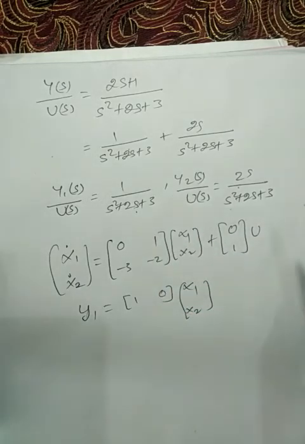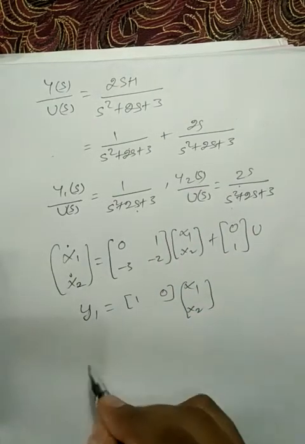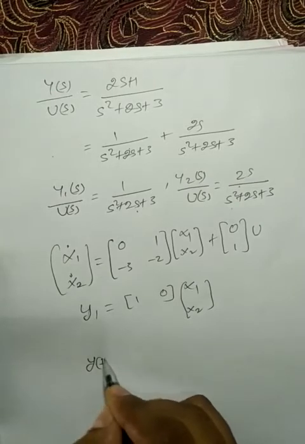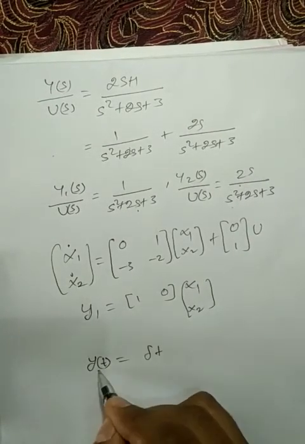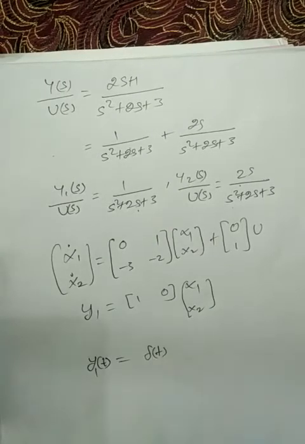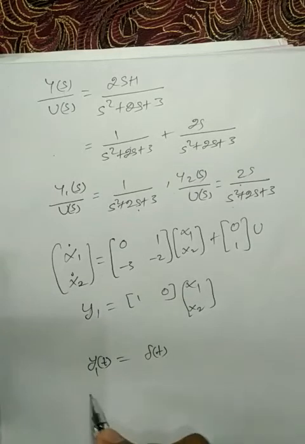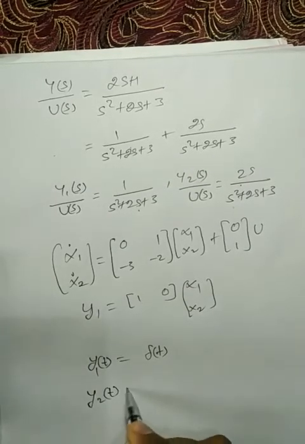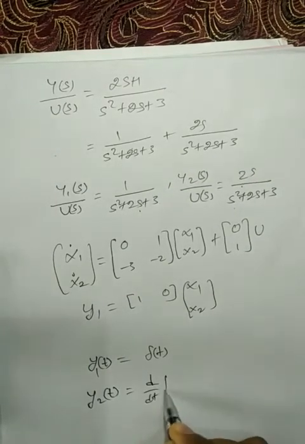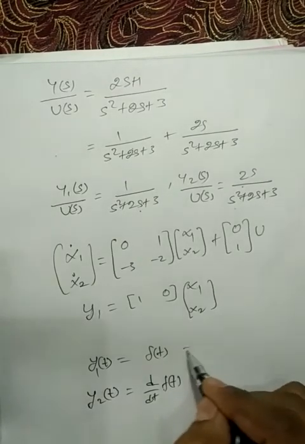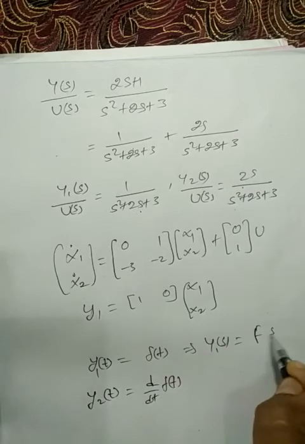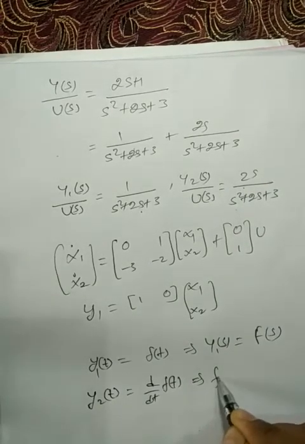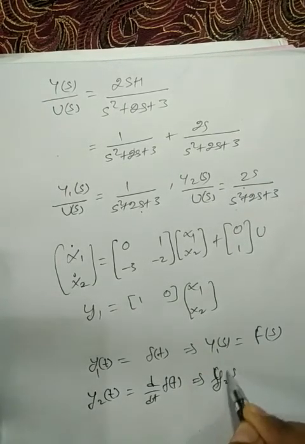How can we say this? If y(t) is equal to y1(t) is equal to f(t), and if y2(t) is equal to d/dt f(t), then what will be Y1(s)? This will be F(s), and what will be Y2(s)?